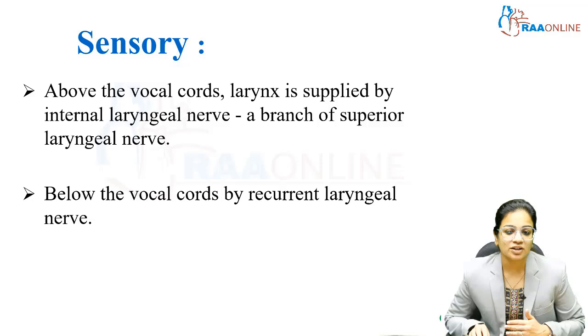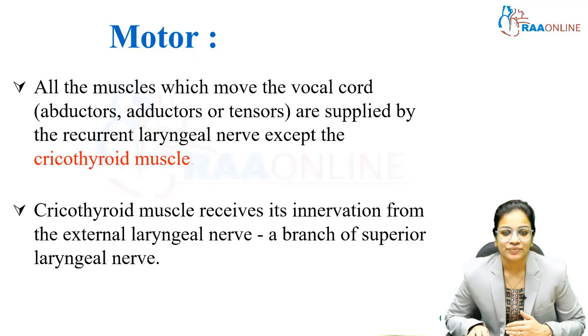Below the level of the vocal cords, it is supplied by the recurrent laryngeal nerve in terms of sensory supply. For the motor supply, all the muscles of the larynx, which close the vocal cord, which open the vocal cord, which give tensor strength to the vocal cord, everything is supplied by the recurrent laryngeal nerve except the cricothyroid, which is supplied by the external branch of the superior laryngeal nerve.